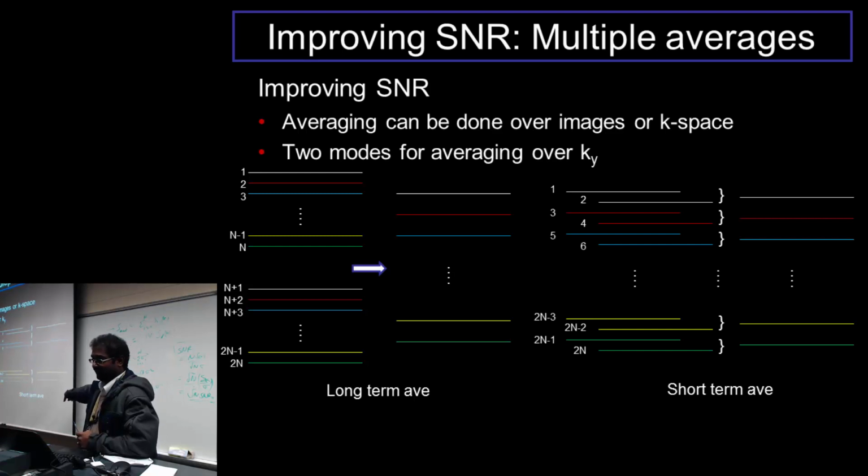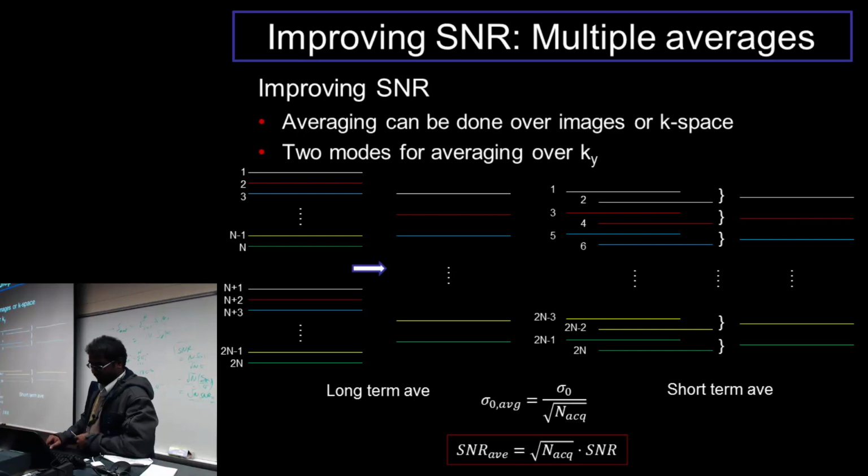So you're still collecting the same k-space, but you're collecting every phase encoding step twice in the second option. If the object is not moving, for example, you're imaging your brain, it doesn't really matter. You can do short-term averaging, save memory, and it'll be good. It doesn't really affect your output.